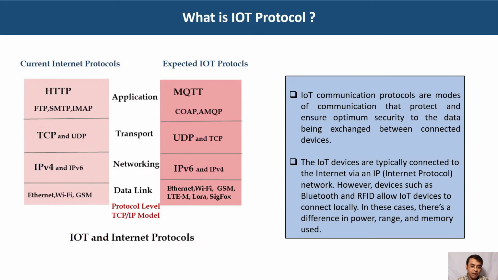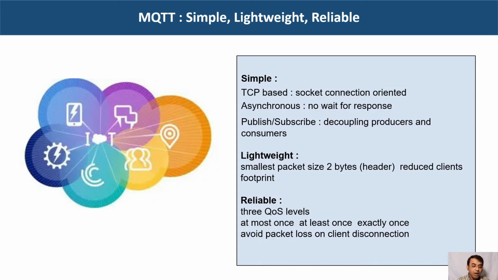In the application layer, there are different protocols like MQTT, CoAP, AMQP and many more. But in the Internet protocol stack, in the application layer, there are many protocols like HTTP, FTP, SMTP. MQTT offers decoupling of producers and consumers.